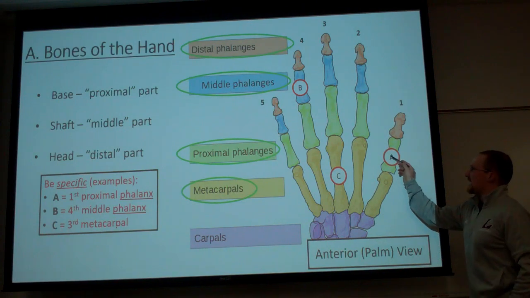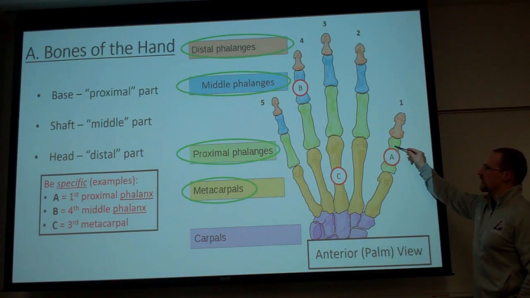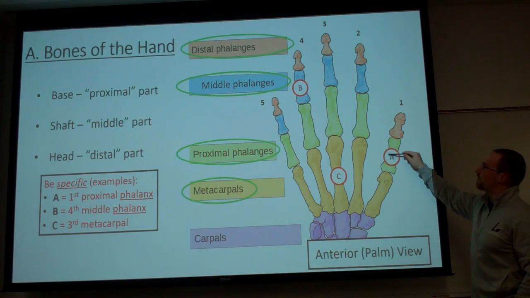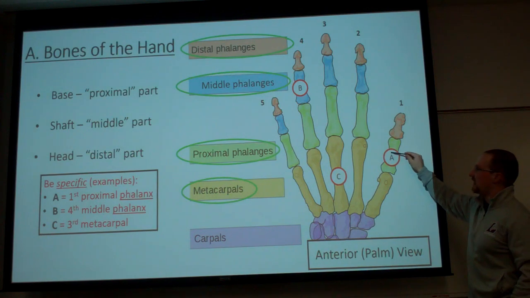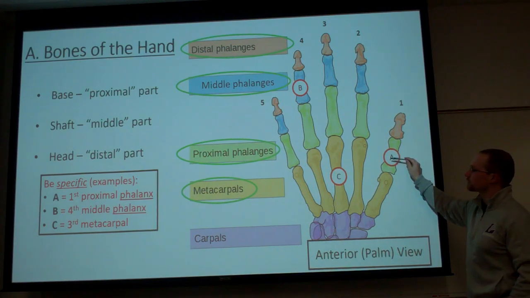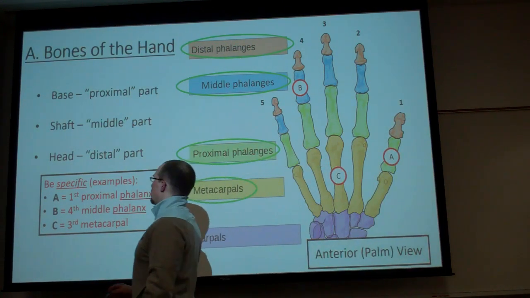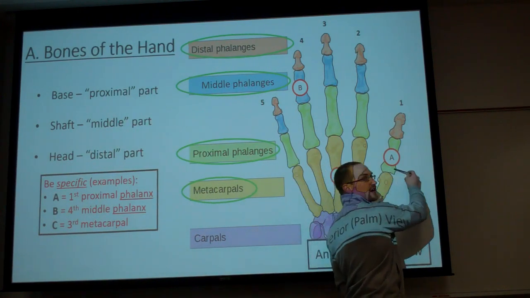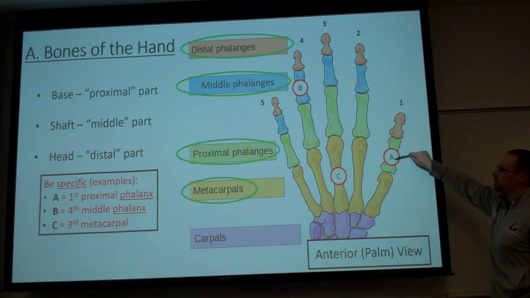So if I have letter A here on this green bone, this is going to be a phalanx, one of your finger bones. It's singular because it's one of your phalanges. It's going to be first because it's on the first finger, or in this case, your thumb.